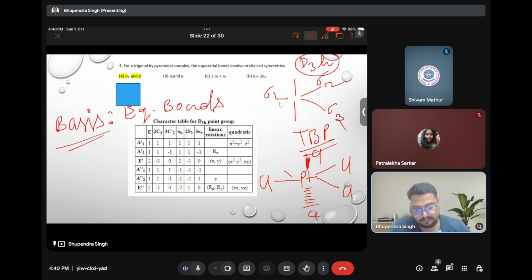So according to our notation, it is sigma 1, sigma 2 and sigma 3.